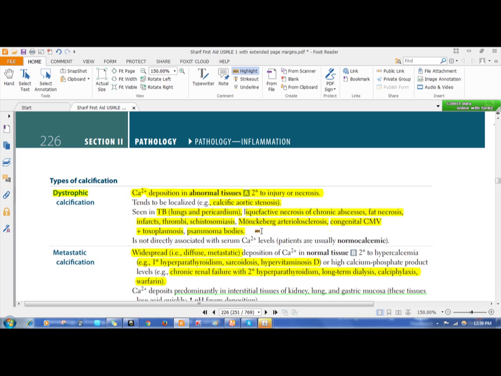You'll see them, and they are called psammoma bodies. And as I have already mentioned, it is not directly related to serum calcium level. So even if you have a normal calcium level, but you have an area of your body which is damaged or necrosed, it will invite calcium, and the calcium will deposit, forming the areas of dystrophic calcification.